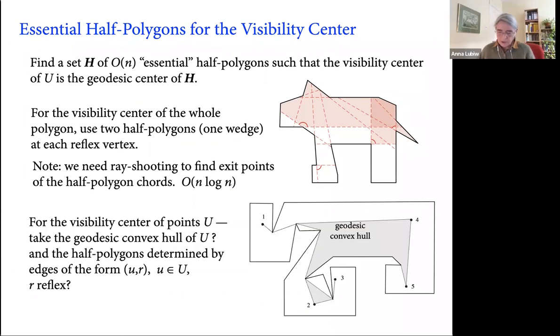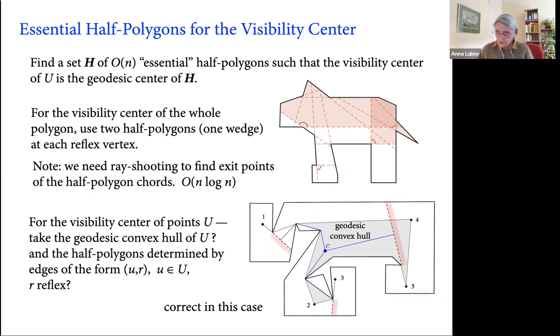Now, in the more general situation, the thing you might think of first is, well, I have certain points. I don't care about all the vertices. Let me take the geodesic convex hull, which is this thing colored in gray, and now just do this trick on the geodesic convex hull. So I would say, oh, here's a point I want. It's adjacent to a reflex vertex, so I would extend that ray.